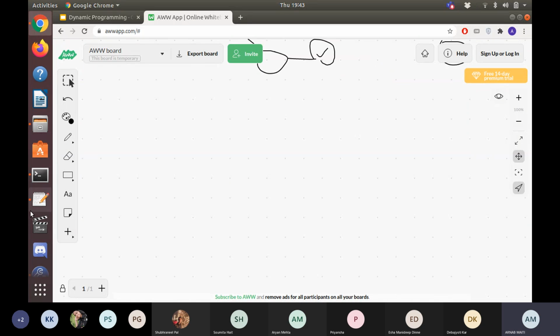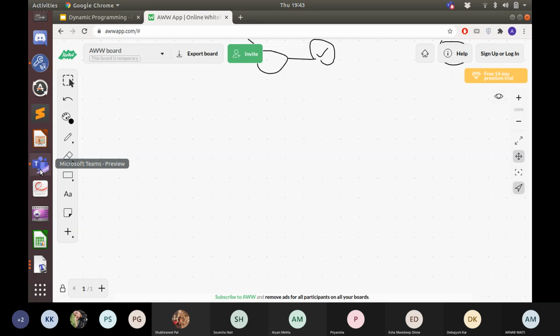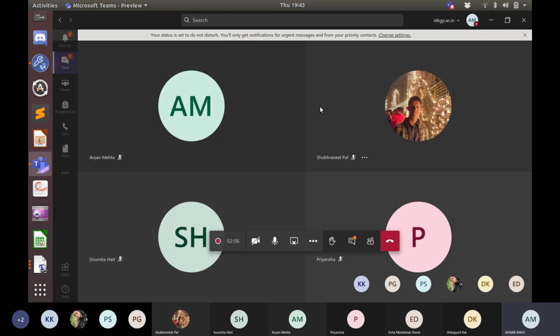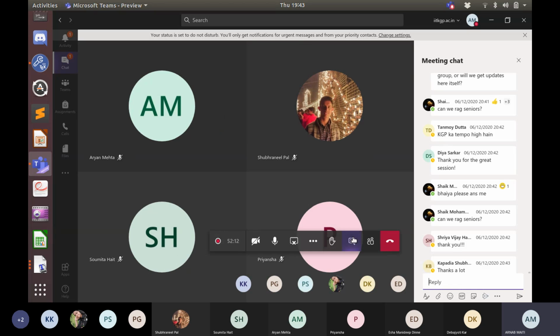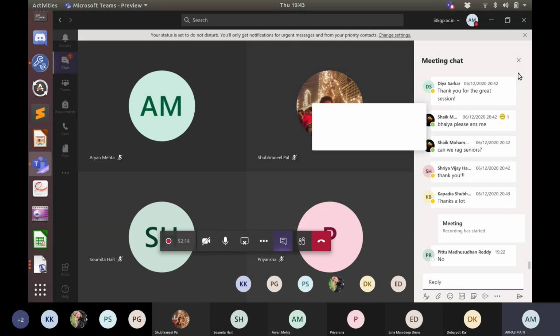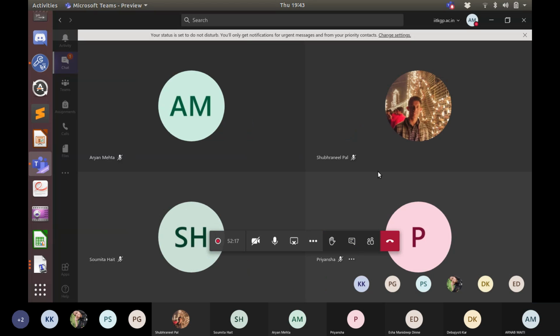So how many of you know what an independent set is? Is there anyone who doesn't know what an independent set is here? Tell either yes or no, anyone.